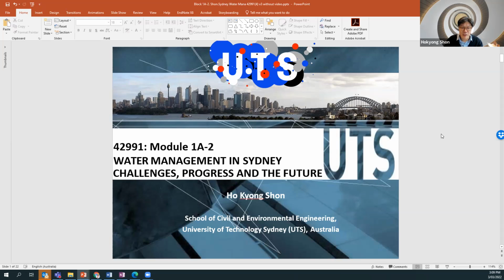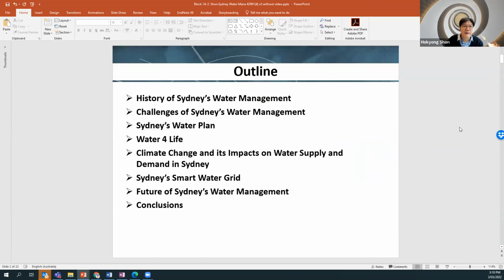As we mentioned, your assessments 1, 2, 3 relate to the Sydney scenario: desalination plan, recycling plan, community engagement. If you understand the overall history of Sydney, the challenges, progress, and the future, it will give you a much better understanding of why you are doing assessments 1, 2, 3. That's the reason why we prepared this slide.